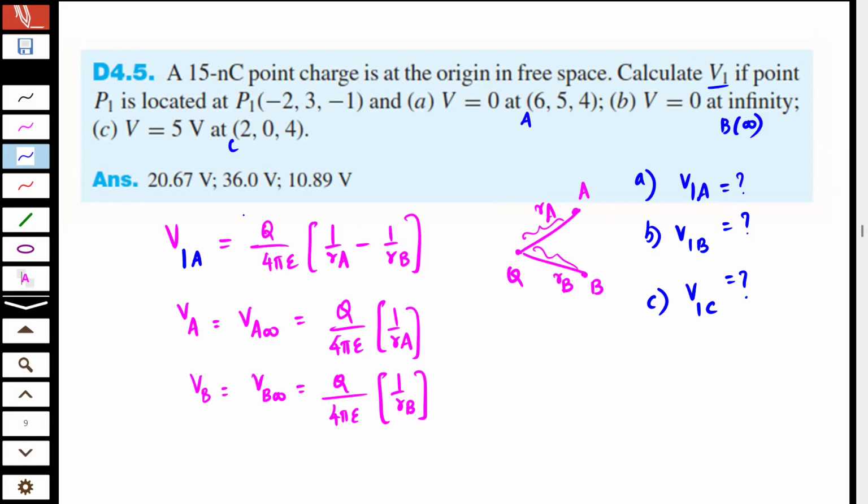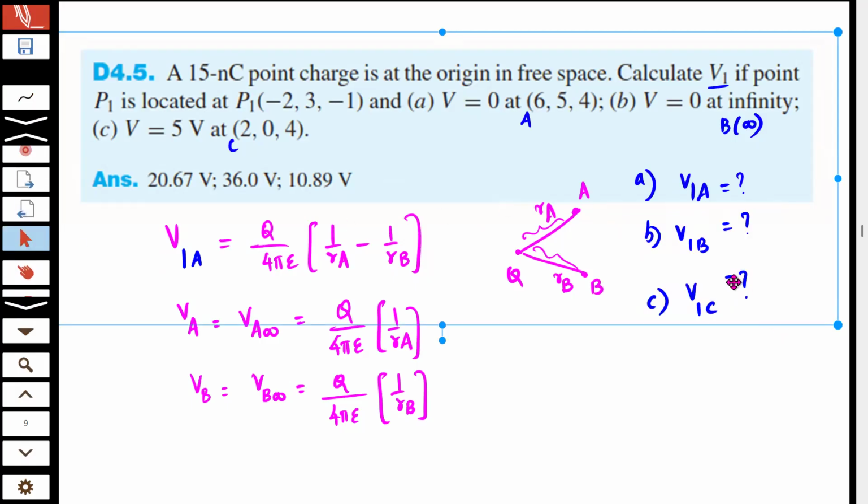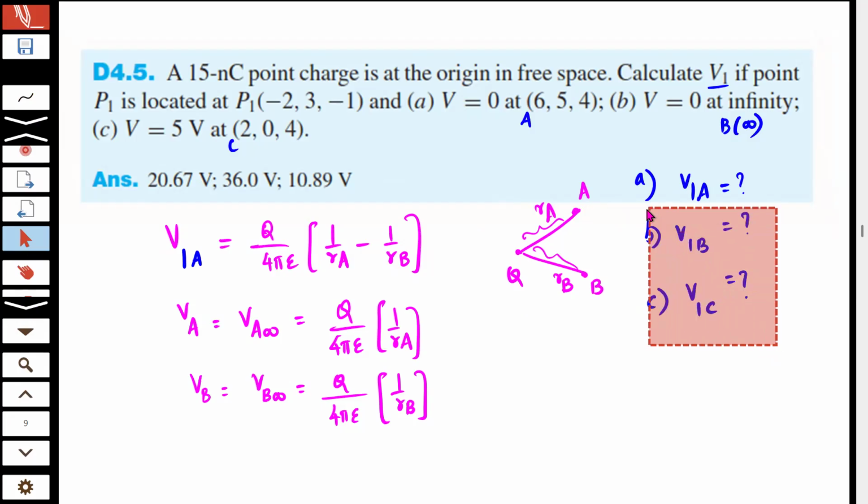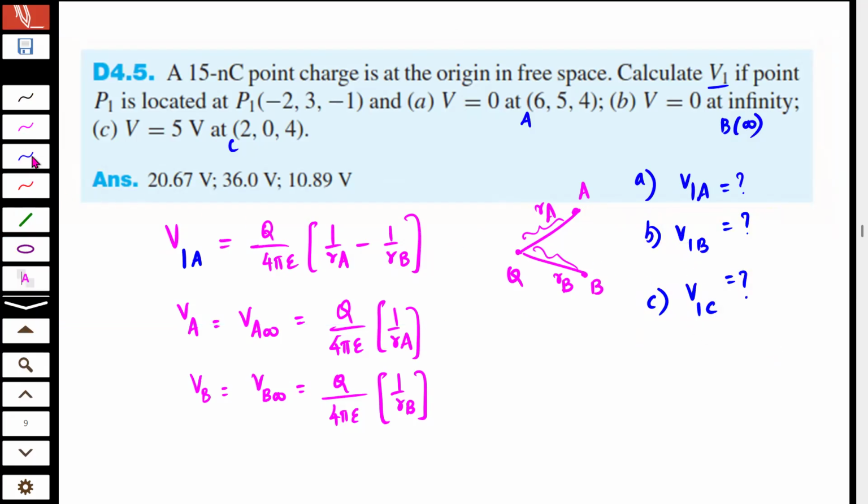So with respect to this, we can write the relations as well. So let me write that also subsequently one after the other. So I will use a different color to differentiate this. So we can write V1A as V1 minus VA.